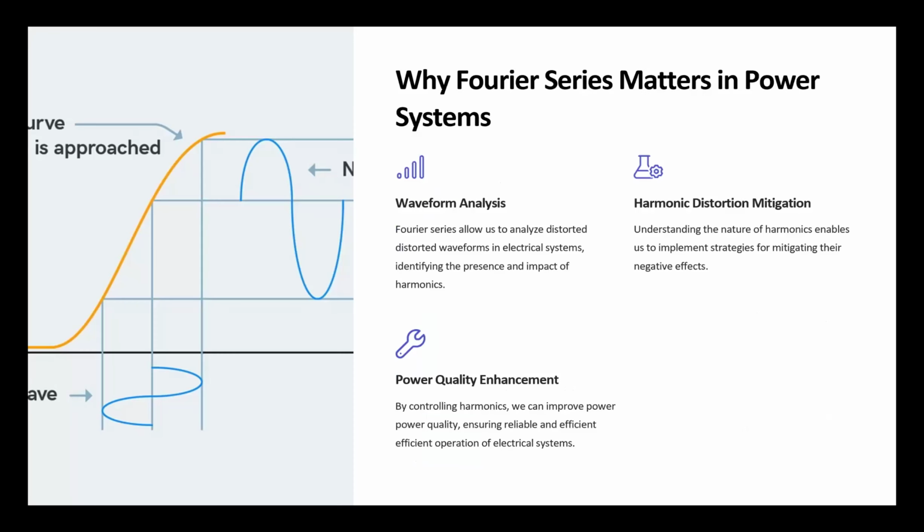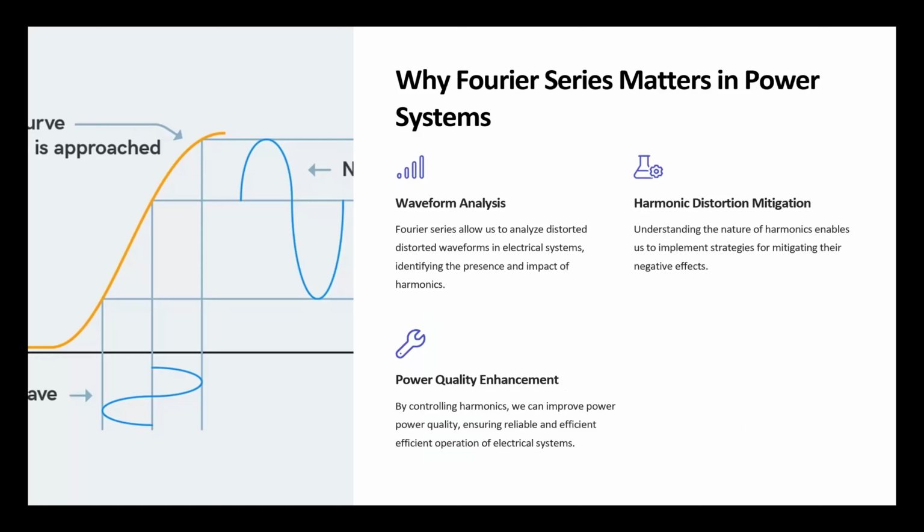Now, why even bother to do the Fourier series or harmonic distortion? First one, we already know: because it's a waveform analysis. We want a desired waveform. Any harmonic is the deviation from that desired ideal point.